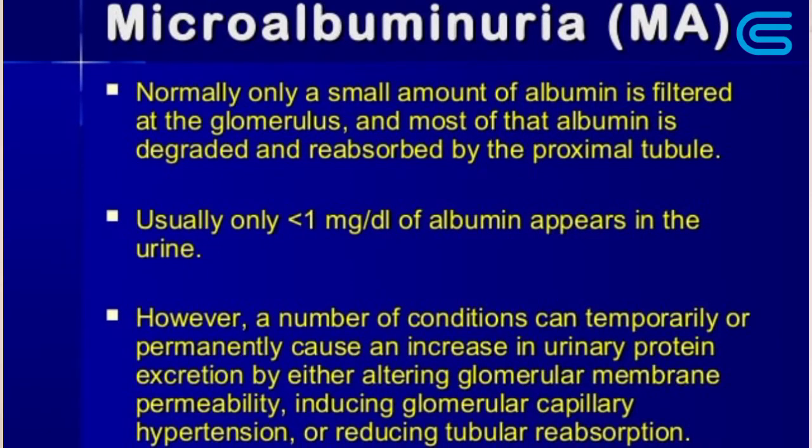The significance of detecting this albumin is that early detection can signify renal damage in diabetes mellitus, and it is an independent risk factor of cardiovascular disease in diabetes mellitus.